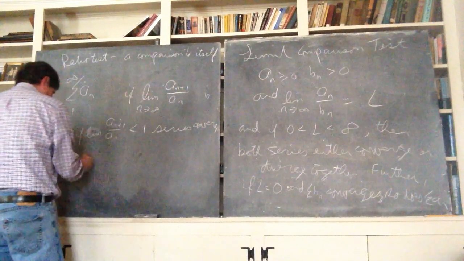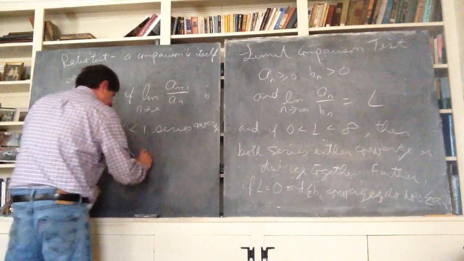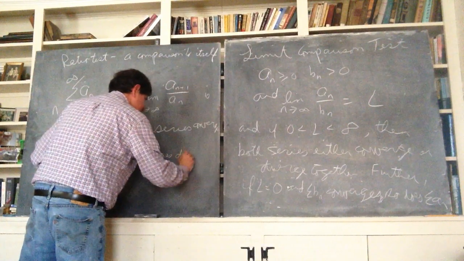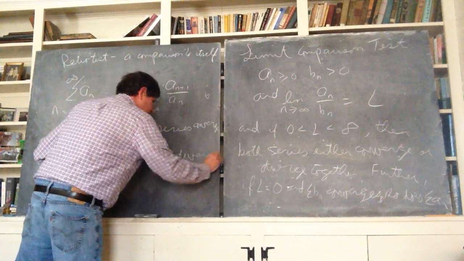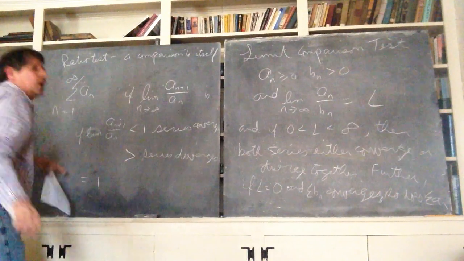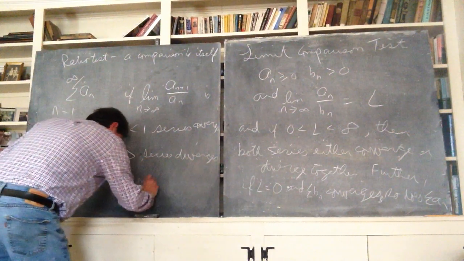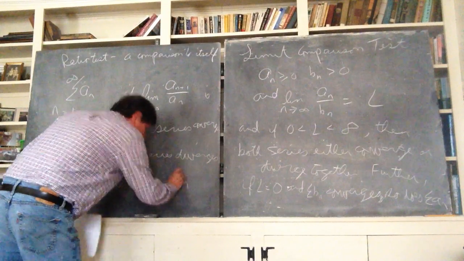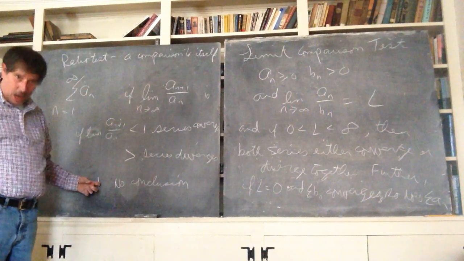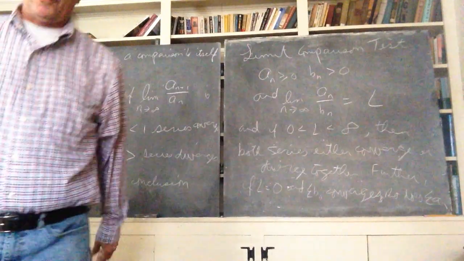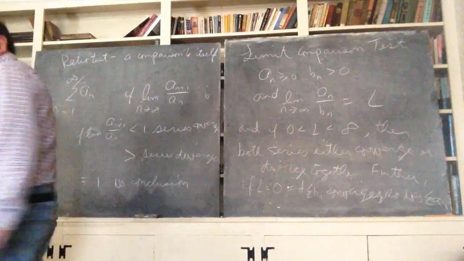If it is greater than 1, the series diverges. If it's equal to 1, we're unable to tell. No conclusion. And actually, we'll do an example of one that converges and one that diverges the next time we get together.